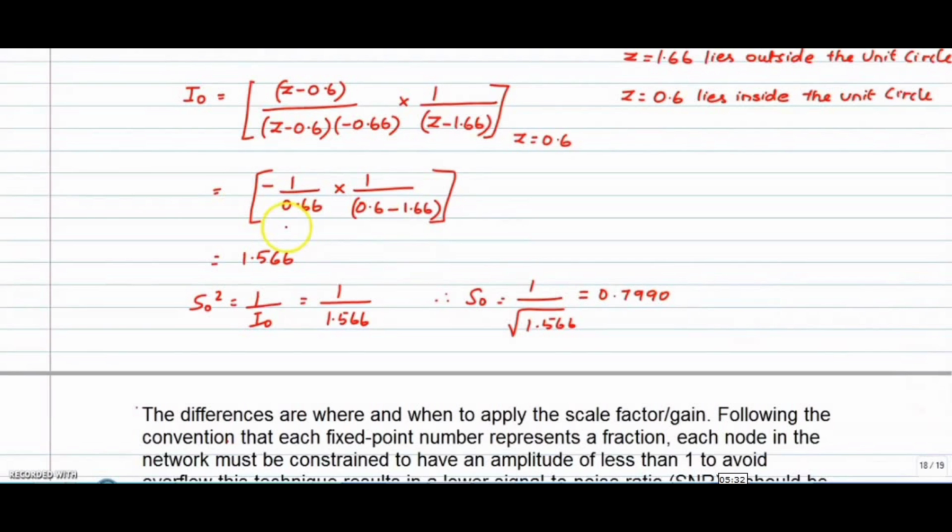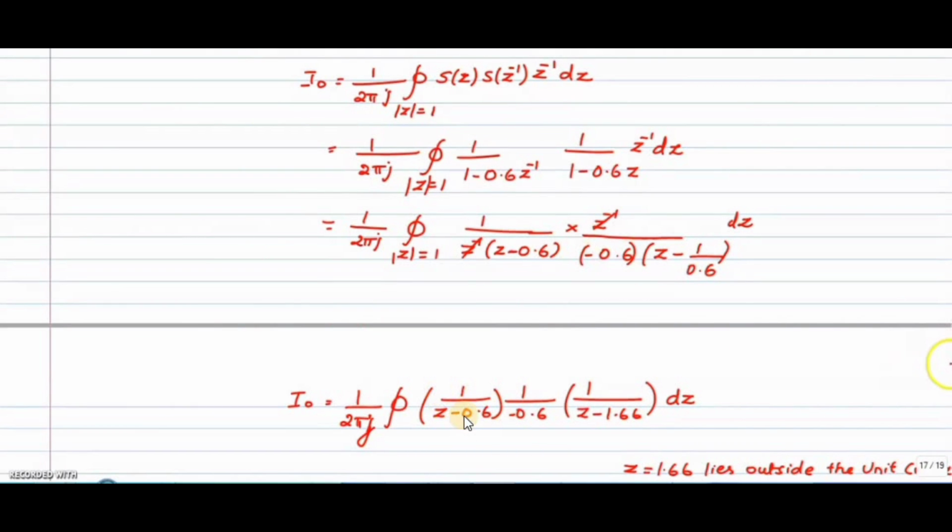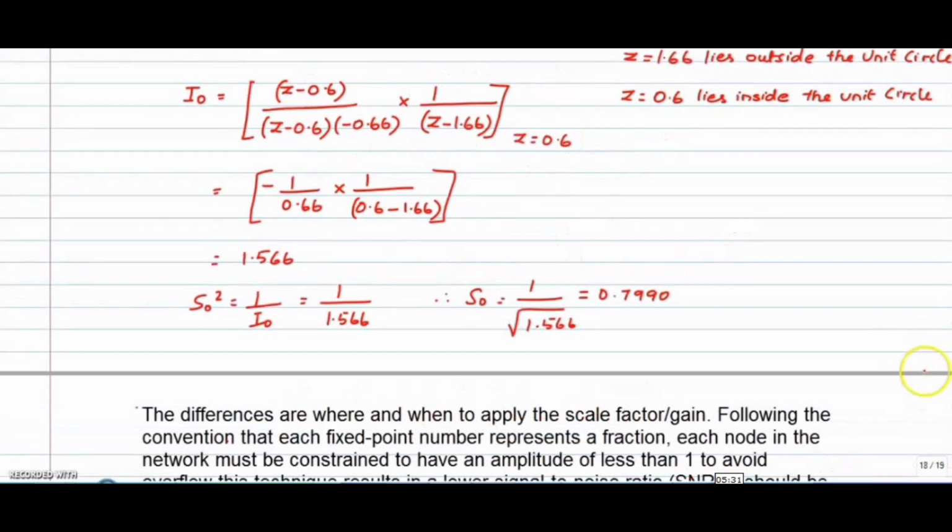If I substitute z is equal to 0.6, you just cancel this term, and in this value you have to substitute 0.6. So if you substitute 0.6, I get I naught is equal to 1.566. So in order to find the scaling factor, S naught square is equal to 1 divided by I naught. So I will get S naught is equal to 0.7990.